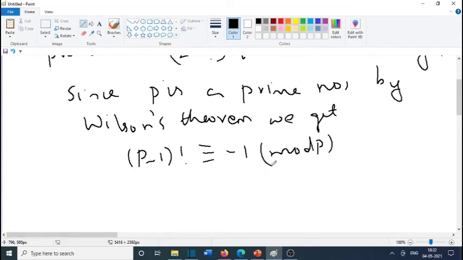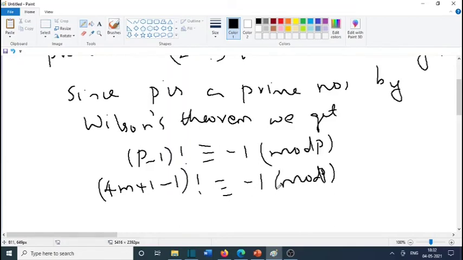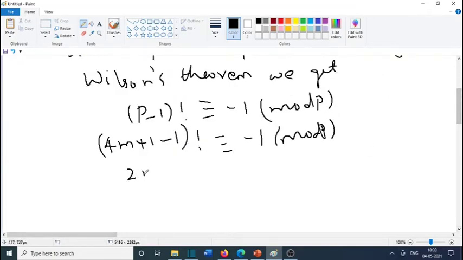That is, p is 4m plus 1. So 4m plus 1 minus 1 factorial congruent to minus 1 mod p. So 4m plus 1 minus 1 is 4m, 4m factorial congruent to minus 1 mod p.